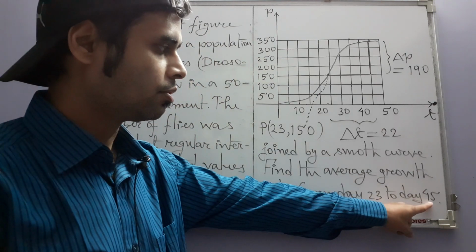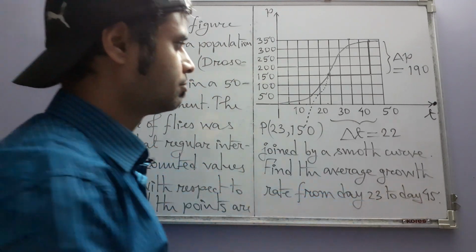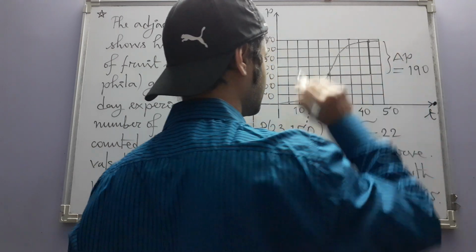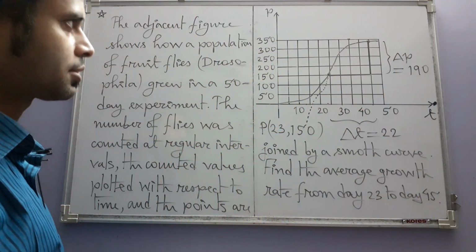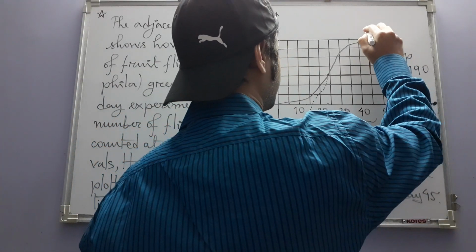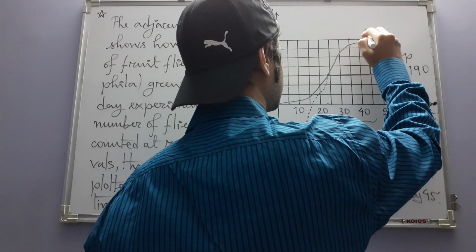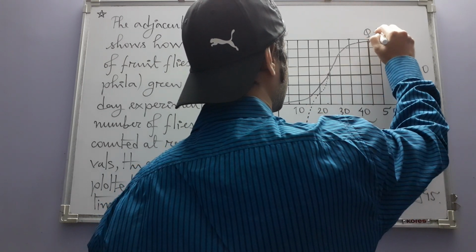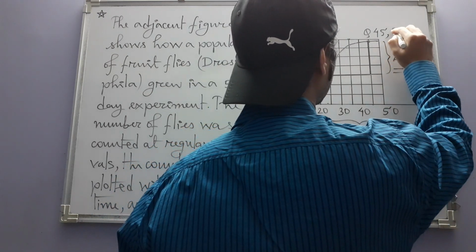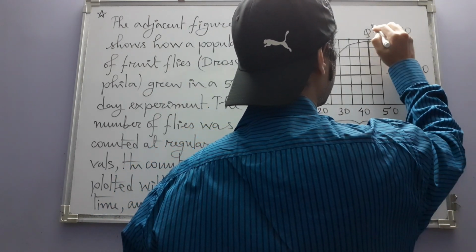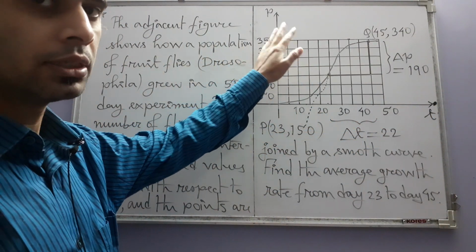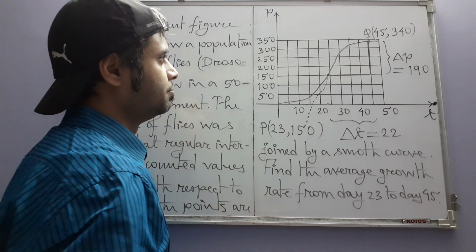And when you look at day 45, that means this one, then the population reached this stage, which is the point Q. This I can of course write here. Its coordinates are 45 and 340, 10 less than the maximum population that we have here, 350.